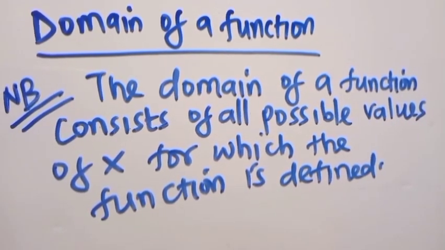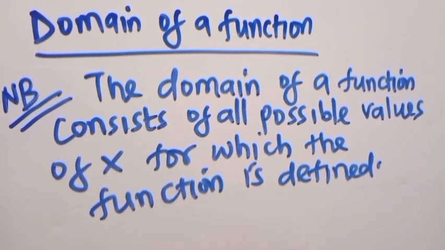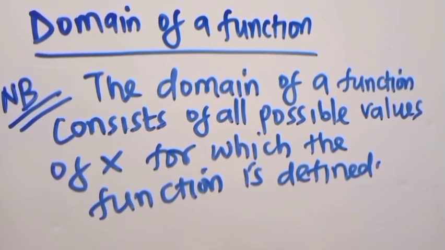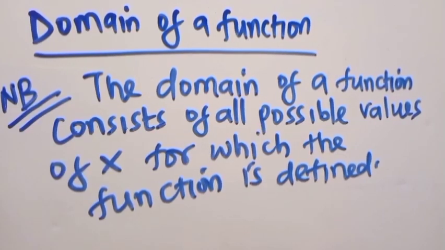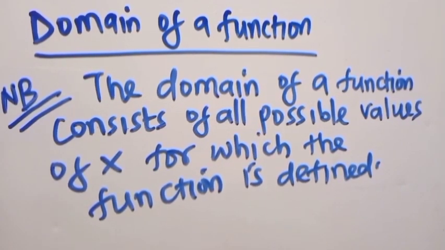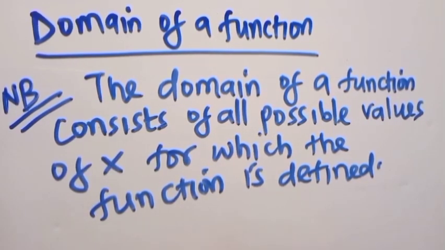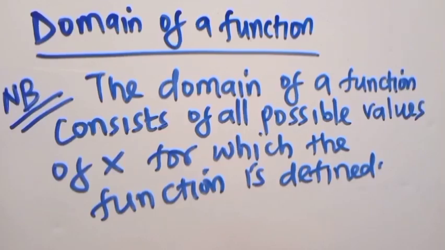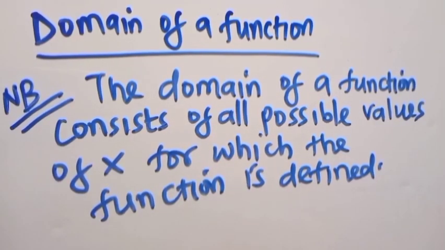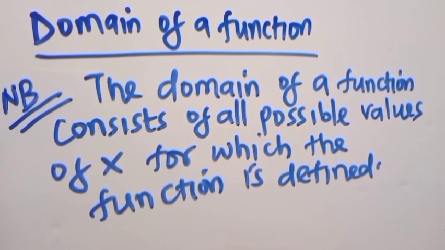In other words, it is the set of all possible values of x when plugged into a function without breaking the rules that we have already mentioned. That is the two rules: that we cannot take the square root of a negative number, and also we cannot divide by zero.